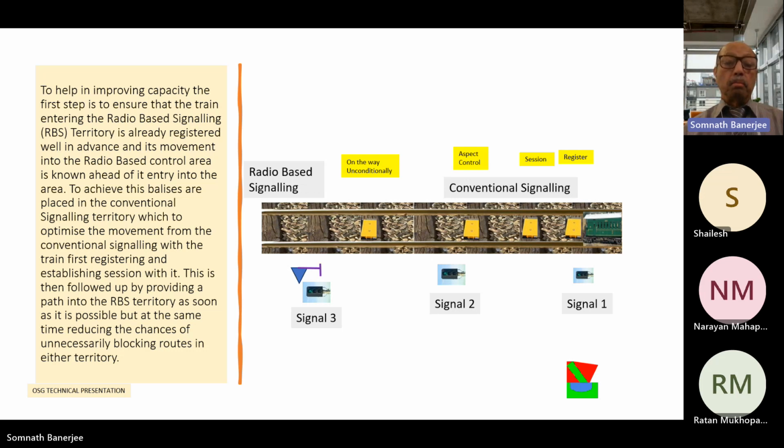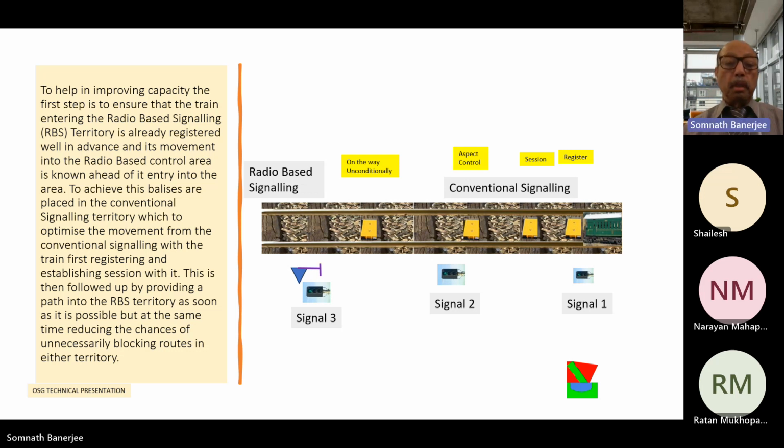Yet at the same time, if the train is coming, it should not happen that by the time it reaches the border, even if the radio based signaling territory is ready to accept the train, the route cannot be set.